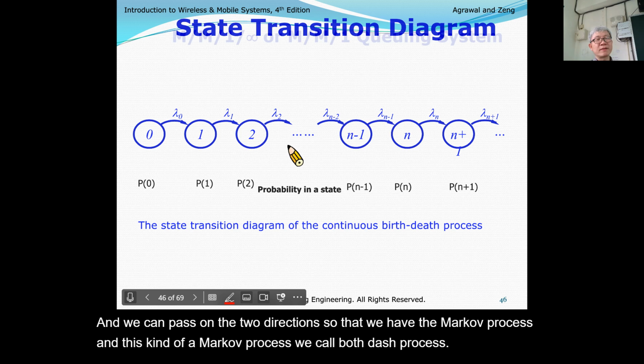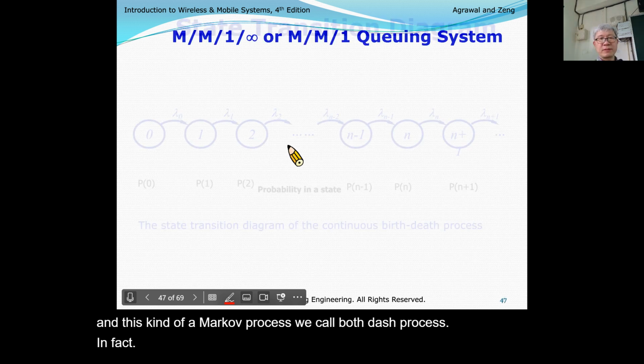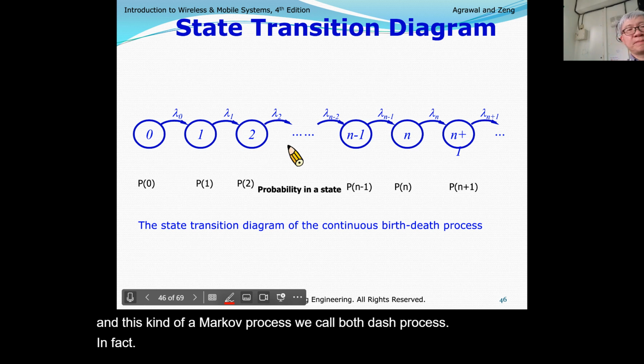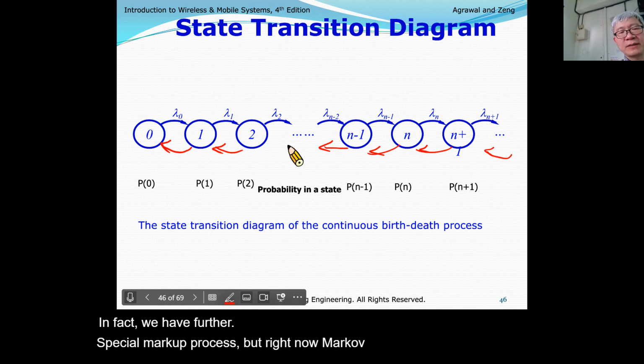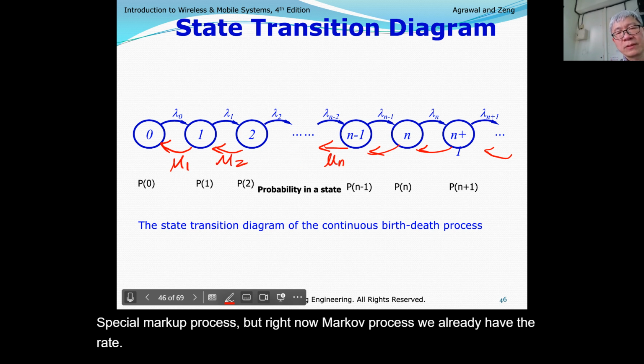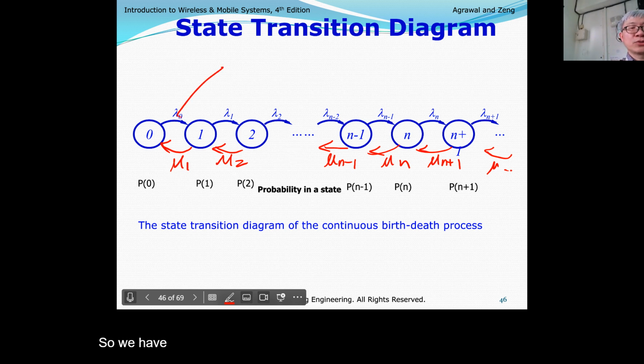Well, in fact, we have the special Markov process. But right now, for the Markov process, we already have the rate. So we have the direction to represent birth. And here the state means the population size.